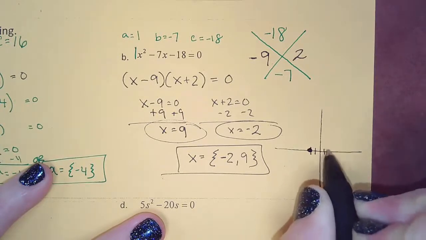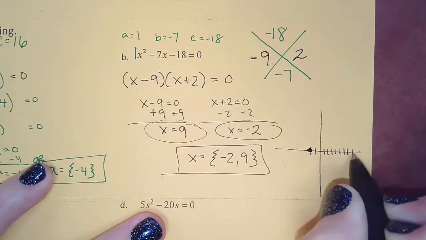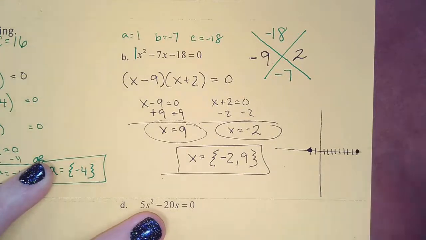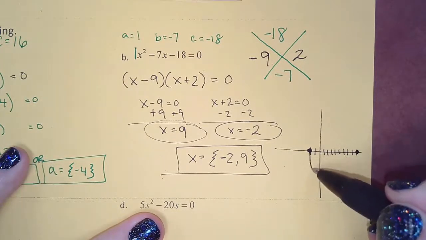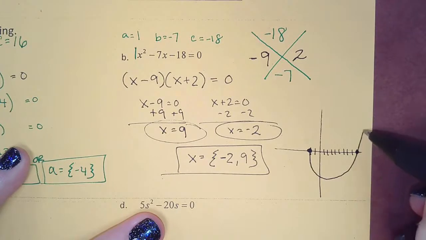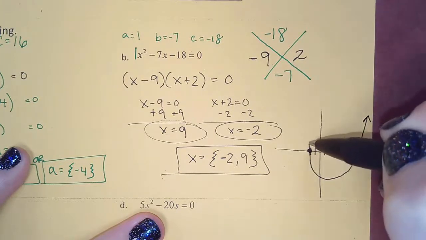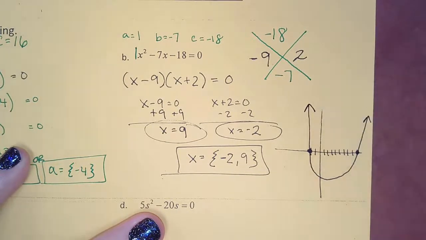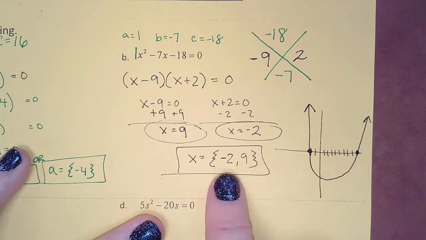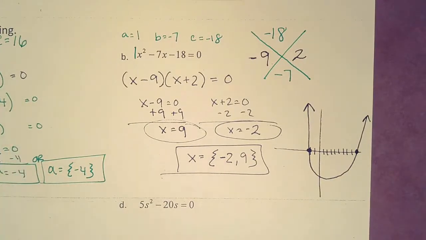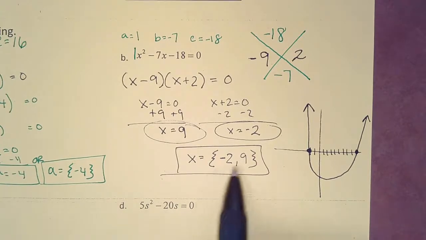Positive 9, that'd be here. In this unit we're dealing with quadratics, and that ends up being U-shaped. We call this shape a parabola. So the solutions that we just found, when we solved this quadratic, are actually where the parabola crosses the x-axis.